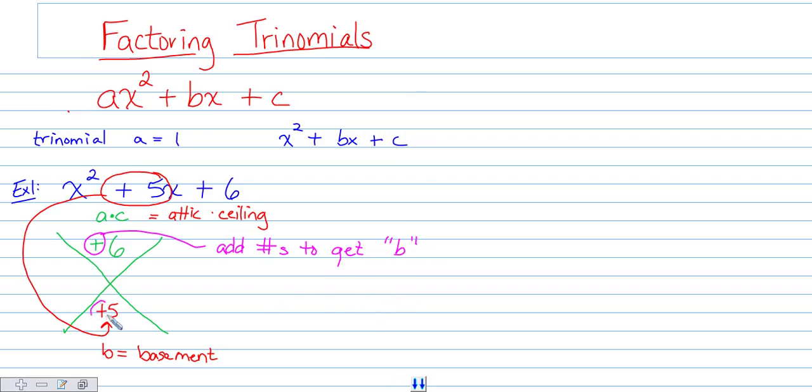And then this will tell you the sign of the larger number. If this said negative 6, then you would subtract to get the b. But since it's a plus, we're going to add to get the b.